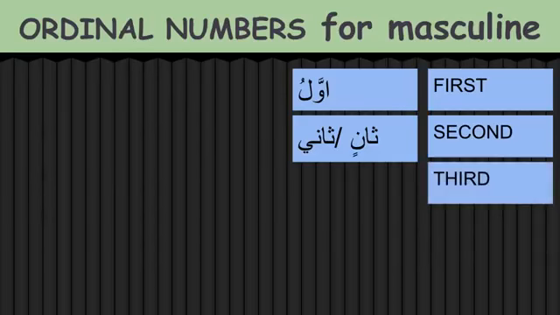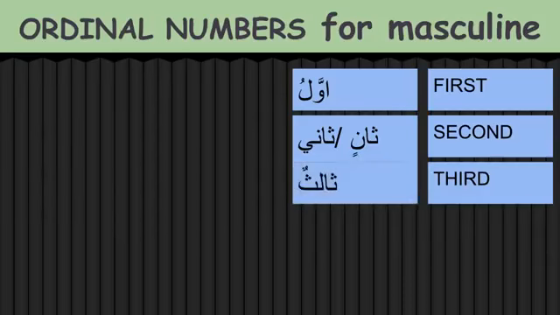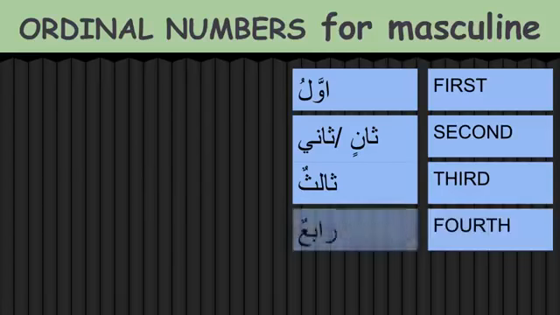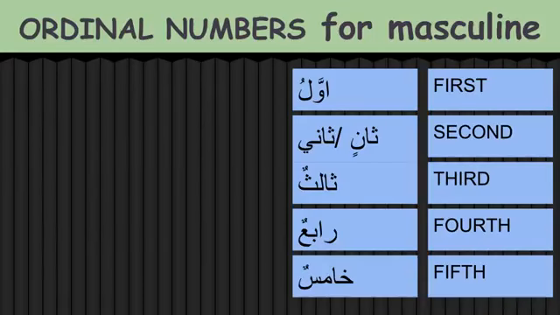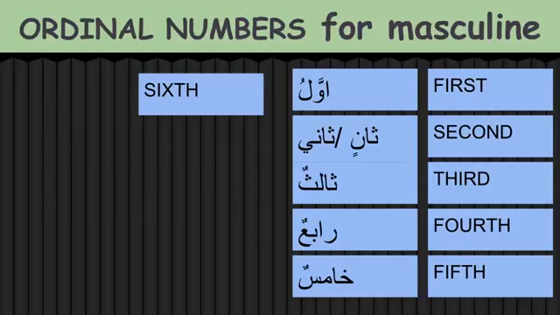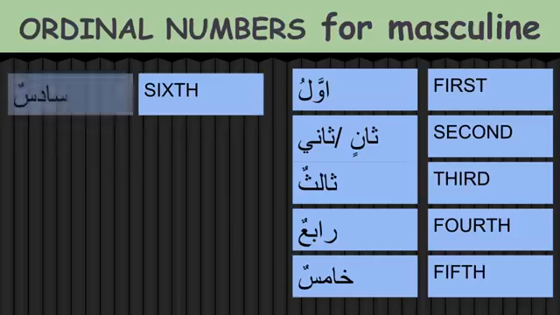Third is thalithun. Thalatha will be thalithun. Arba'a will be rabi'un. Fourth, rabi'un. Fifth, khamsa will be khamisun. Khamisun is fifth. And sixth, six is sitta, but sixth is sadisun. It's a little bit irregular again here.